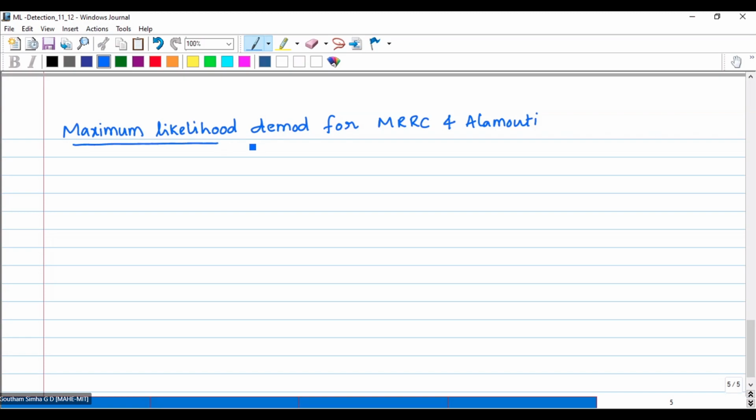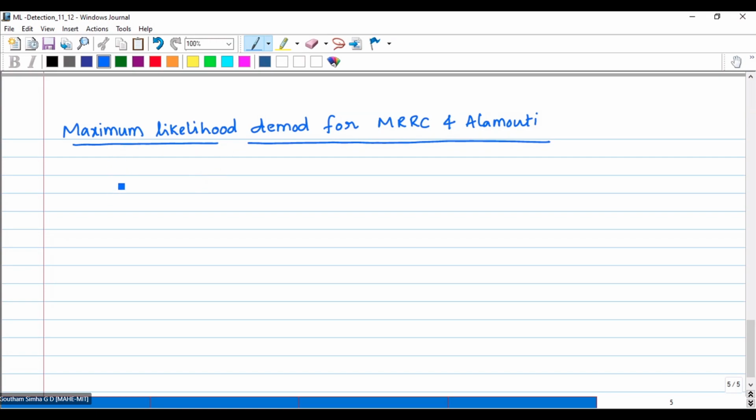Now, if I take this into consideration, I have to see what forms of combining I have used. The combining forms are pretty similar for Alamouti as well as for my MRRC.